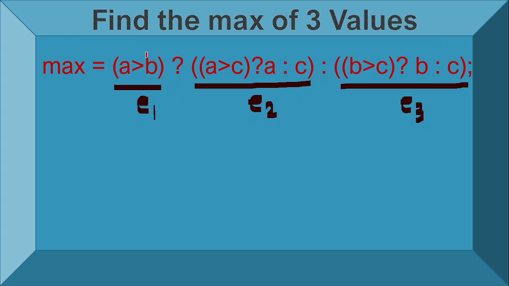Whenever this is true, when A is greater than B, then I am checking whether A is greater than C also. Whenever these two conditions are true, then A is max. Take the other case. When A is greater than B and A is not greater than C, then C is max.